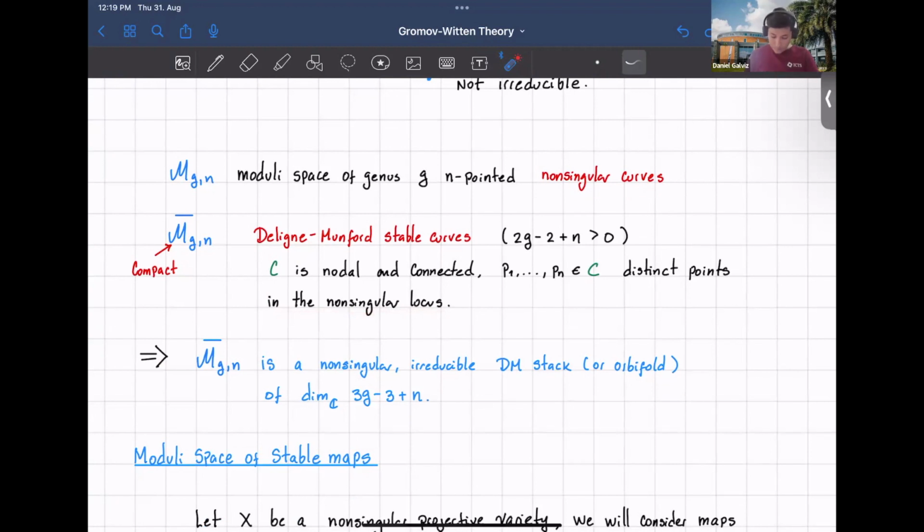Now Deligne-Mumford showed the dimension of this moduli space. The moduli space of stable curves is non-singular and irreducible. Actually, it is a Deligne-Mumford stack, or has the structure of an orbifold. We will describe at the end of this section what is the meaning of stacks, and it has an interpretation as a functor.